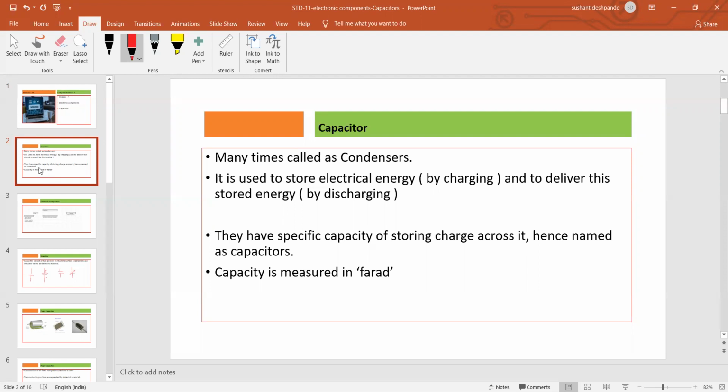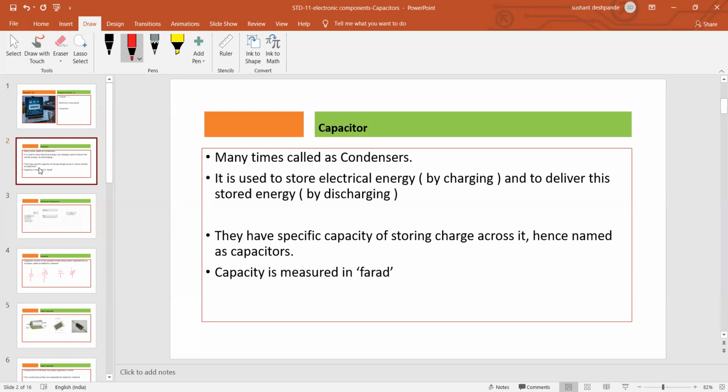It is used to store electrical energy by charging and to deliver this stored energy by discharging. So what does a capacitor do? It stores the energy. Which energy? It stores the electrical energy and delivers this stored energy, and hence the name condenser.